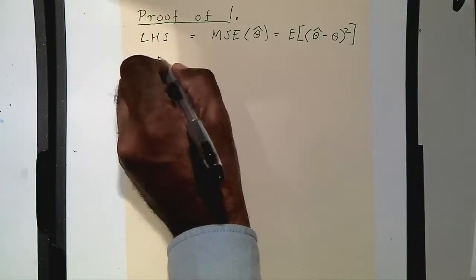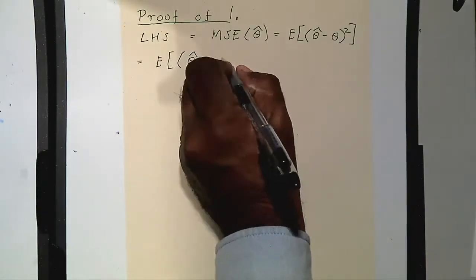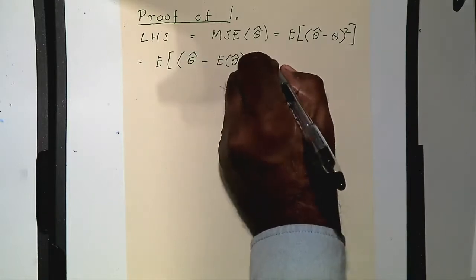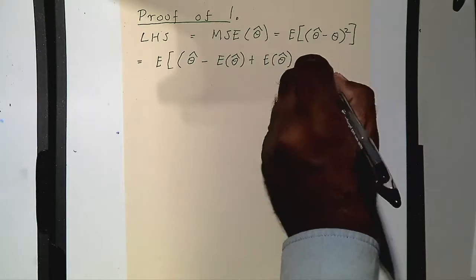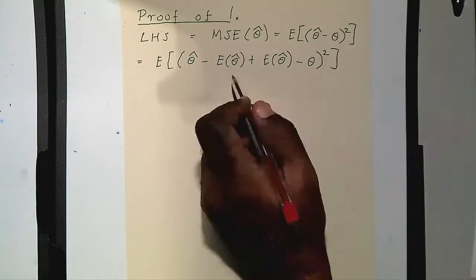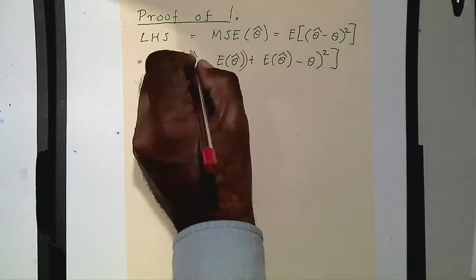Now, I'm going to write this as follows. All right, you see what I've done. I have subtracted this and added this. Now I'm going to put a bracket around here.